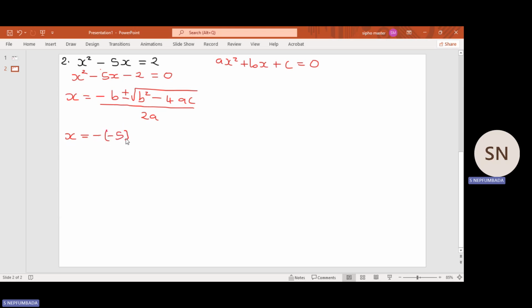So we put it in a bracket so that negative and negative cancel each other. Then this is plus or minus the square root of minus 5 to the power 2 minus 4. Our a is 1. The coefficient is 1. If it is not written, it is an imaginary number. Then divided by 2 into 1. Then from there, we press our calculator, but when we arrive here, we first choose the first sign. We don't put them together in one equation.